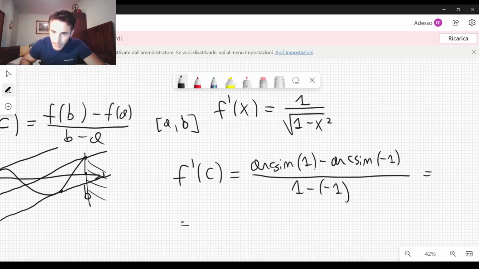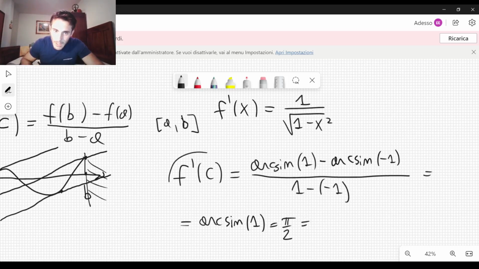This is equal to arcsine of 1, because arcsine of minus 1, since the arcsine is an odd function, is equal to minus arcsine of 1. So we will get arcsine of 1 because we have a factor of 2 in the denominator. And this is equal to pi over 2.